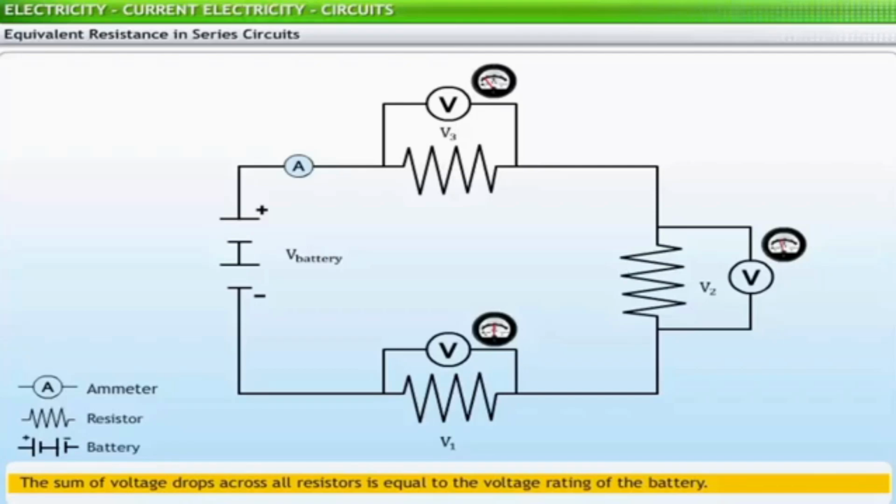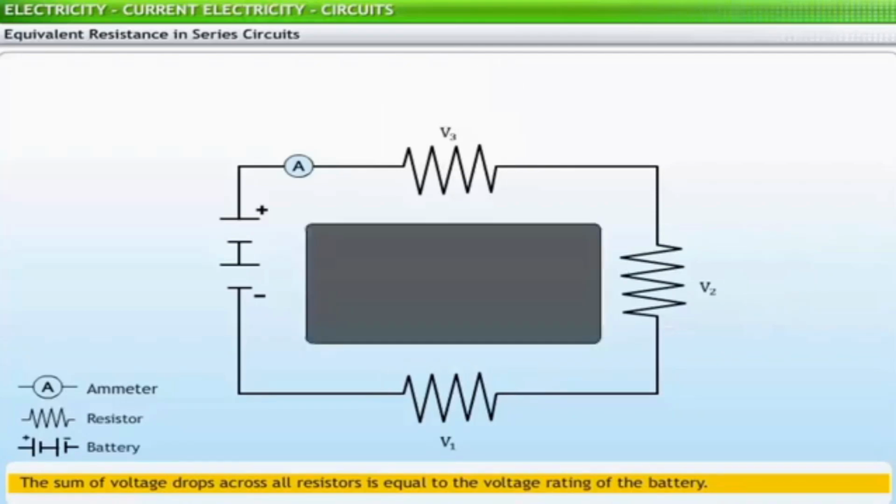The total voltage drop of the circuit can be expressed mathematically as V equals V1 plus V2 plus V3, where each voltage drop is equal to the product of the total current in the circuit and the resistance in the respective resistor.